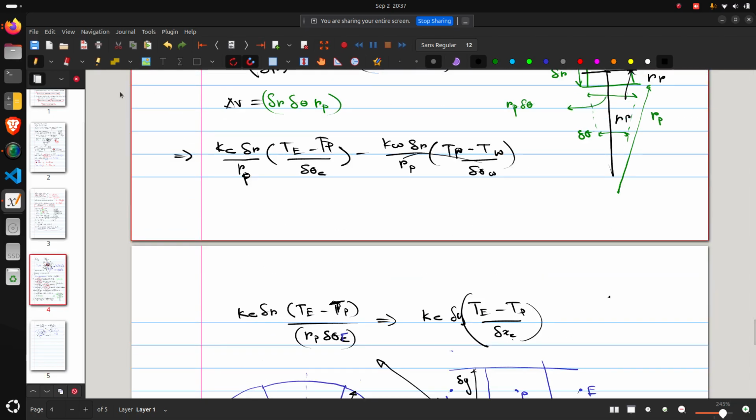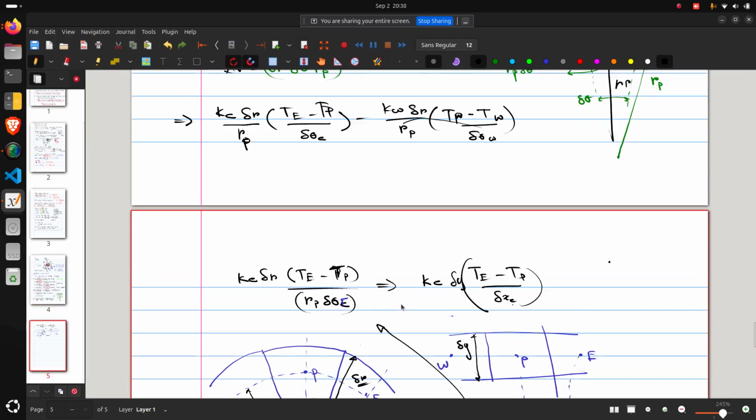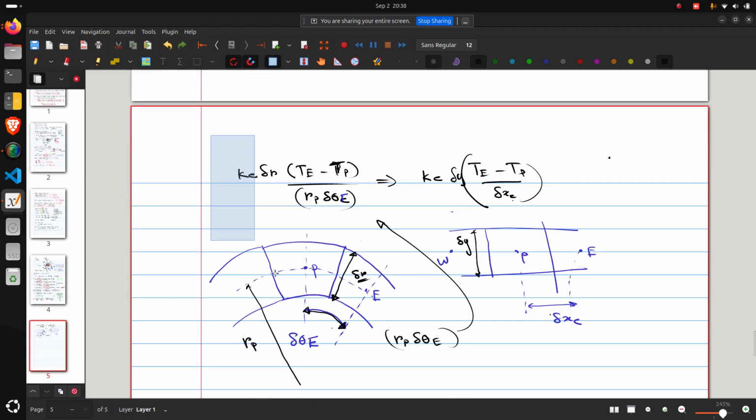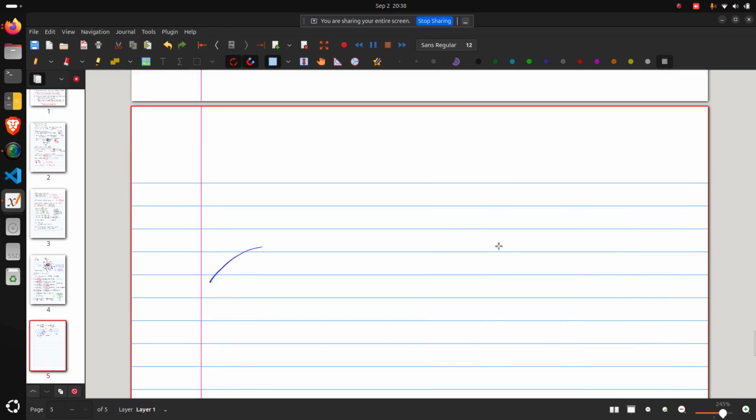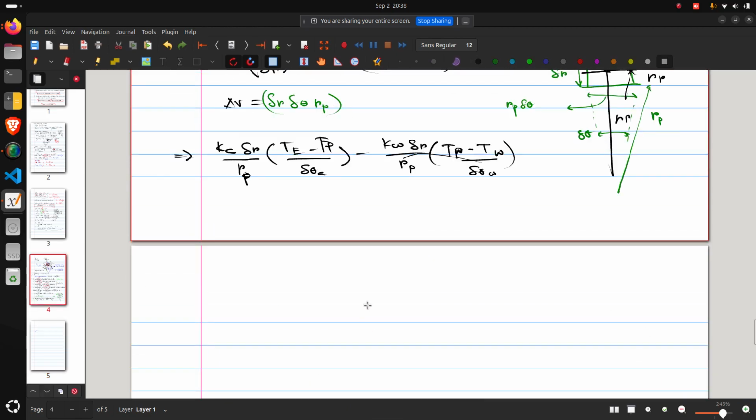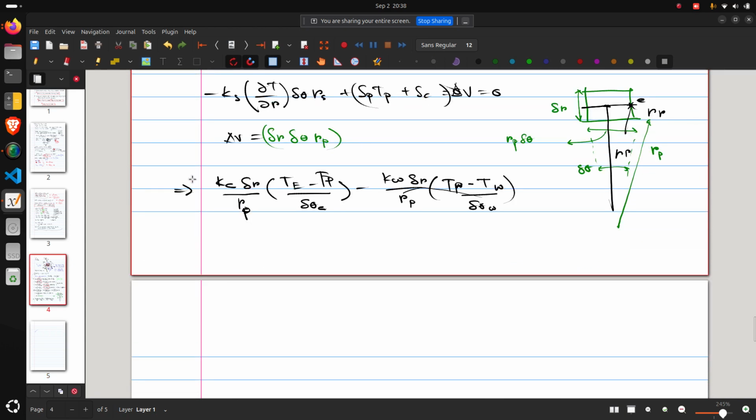Now again going to the north and the south cells.